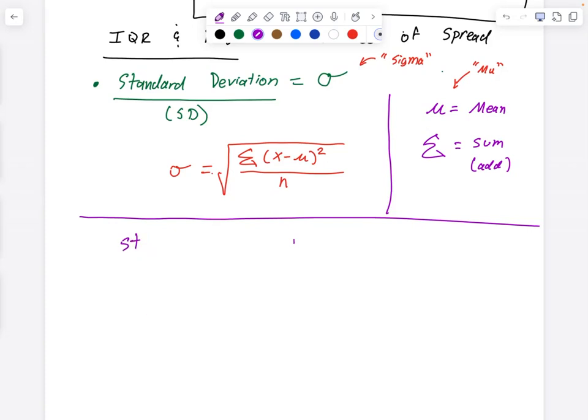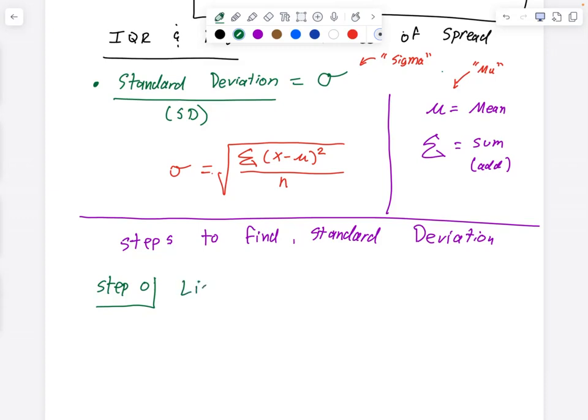List all values. We use the symbol X to represent the data values. That is our first step. I call it step 0 because most of the time we're going to list them for you.